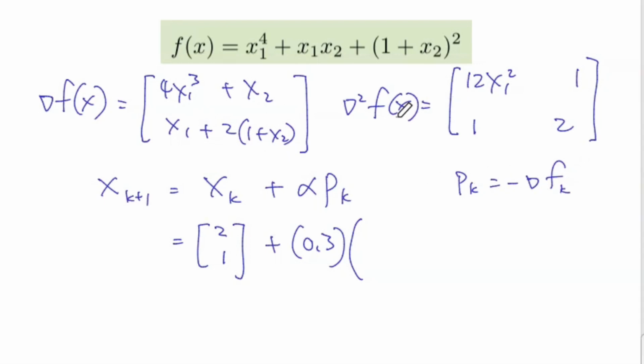This is the gradient, and pk is the negative of this one. Maybe I write here.